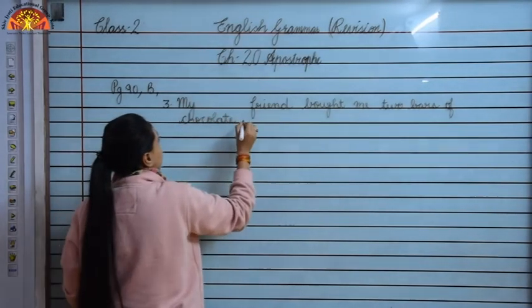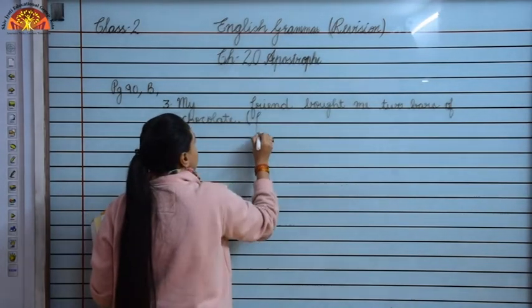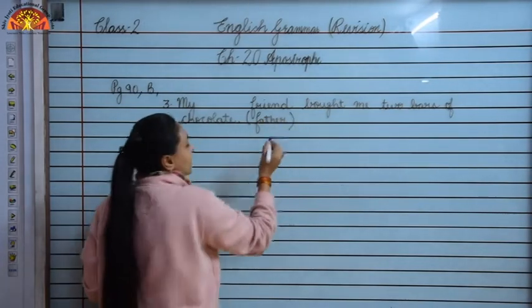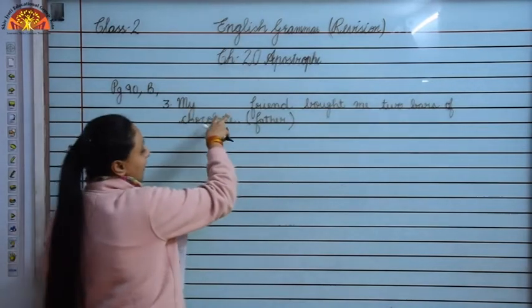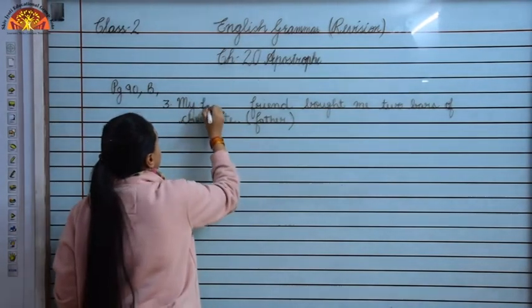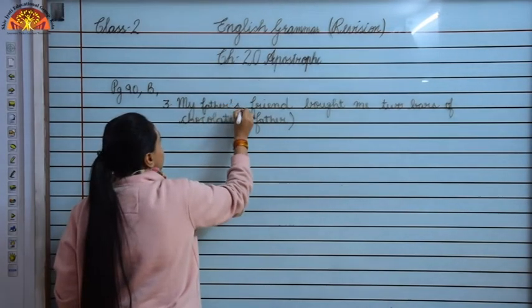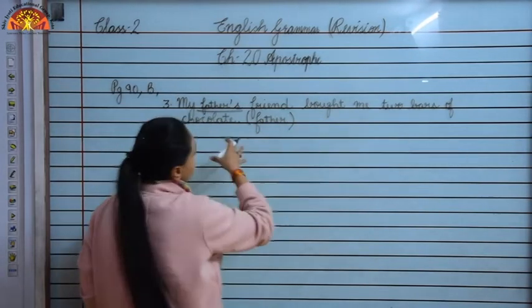C-H-O-C-O-L-A-T-E, chocolate, and in bracket the word father is given to you. So children, we will write father with apostrophe S. It will become my father's, F-A-T-H-E-R, apostrophe S. Okay. My father's friend bought me 2 bars of chocolate.